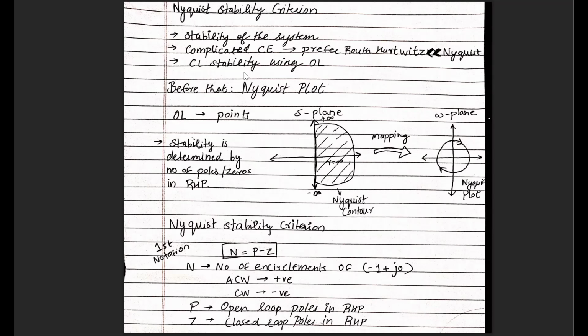The other terms being P, the open loop poles in the right half of the plane, and Z, the closed loop poles in the right half of the plane. In this notation, please don't get confused and think that Z means you have to take it as 0. Again, I'm repeating, P is the open loop poles in the right half of the plane and Z is the closed loop poles in the right half of the plane.